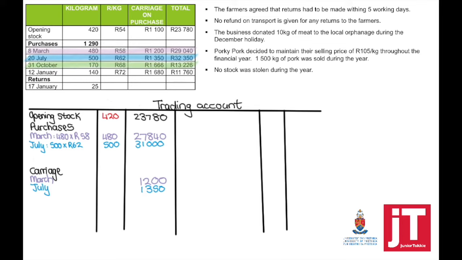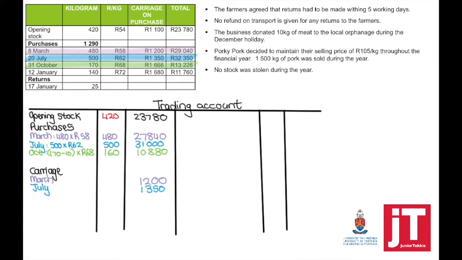For October, the total number of kilograms is 170, but now, very important, 10 kilograms was donated. So this means we need to take 170 minus 10. What was the cost? 68. That equals the total net purchase for October.